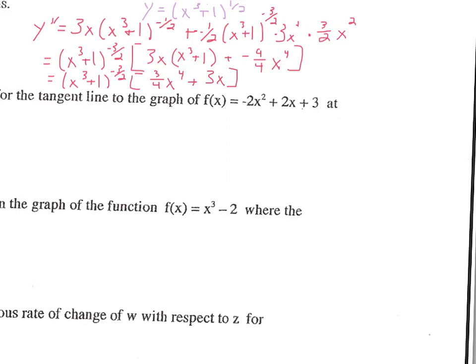And if I want to factor out the 1/4, I could do that, make it even a little bit prettier. So it'll be 1/4 times x cubed plus 1 to the negative 3/2 times, on the inside, a 3x to the 4th plus a 12x.